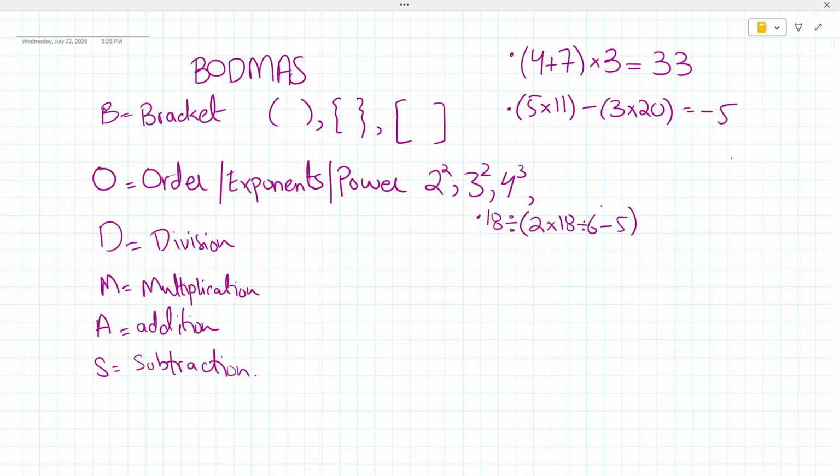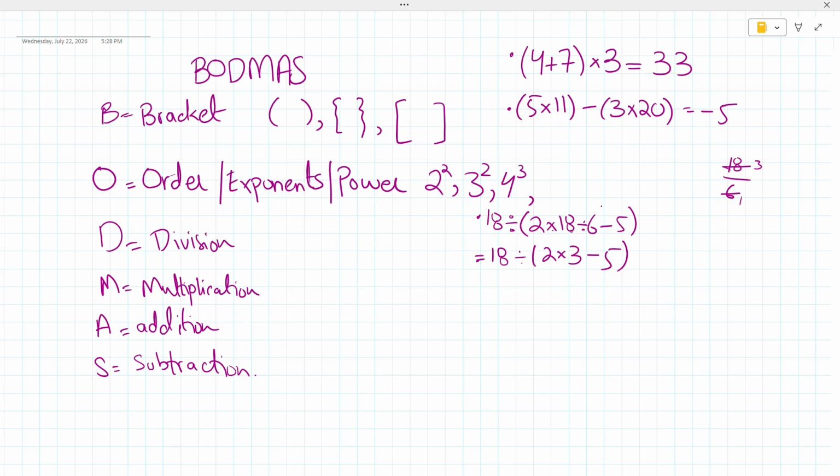When we divide, we have to divide 18 by 6. 6 ones are 6 and 6 threes are 18. So the next step is 18, and the rest of the thing remains the same. The 2 with the multiply sign we have. Then we will write 3 minus 5.